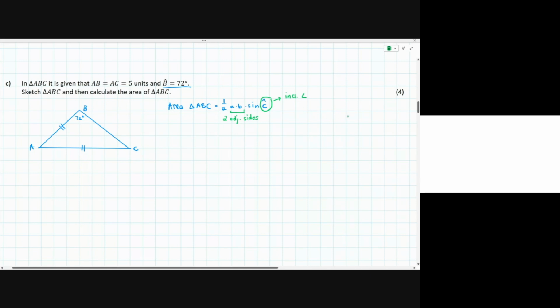So we need to have two sides and the included angle. That's what we need. Whatever those two sides are, whatever the angle is, that's what we need. Okay. So if we go to our diagram, obviously we have the two sides AB and AC. That's great. So logic tells me I've got two adjacent sides. Let's just show that for ourselves.